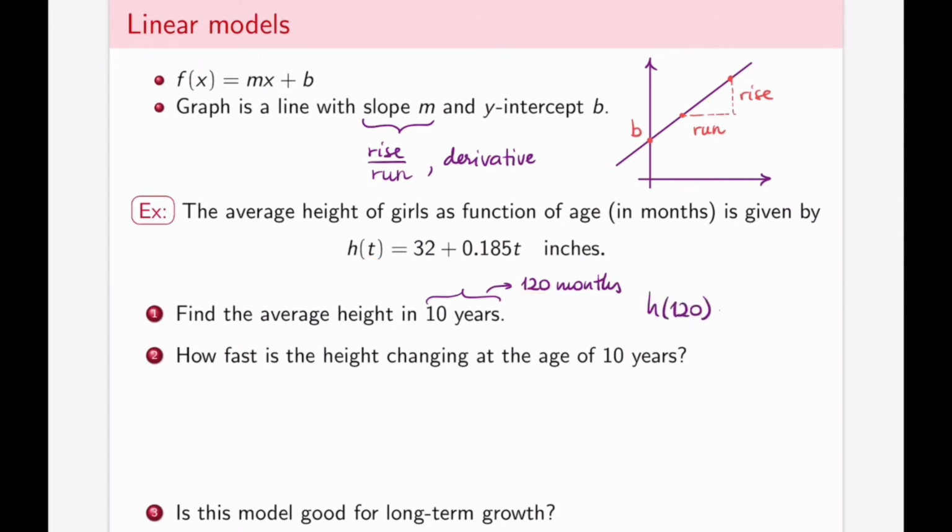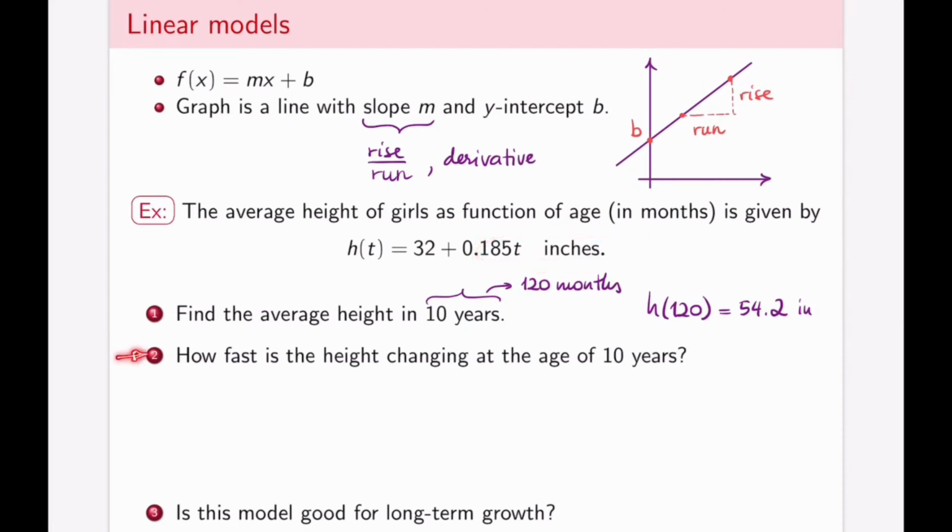And then my result, once I actually calculate it, turns out to be 54.2. The units of the height here are given in inches. As I mentioned, this is the US collected data, so the units are imperial here.